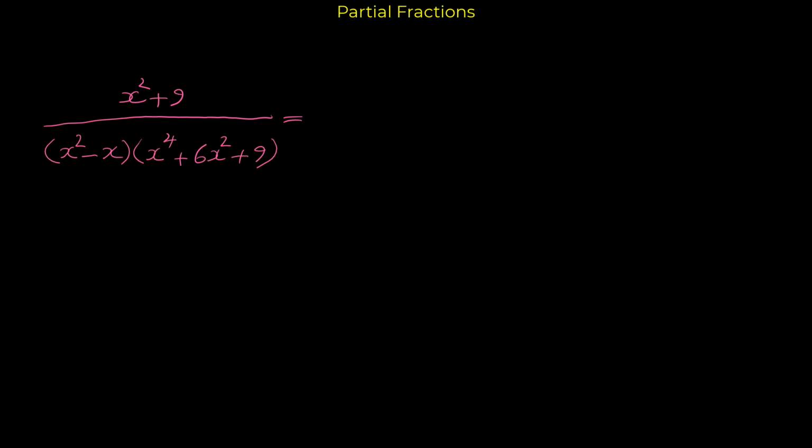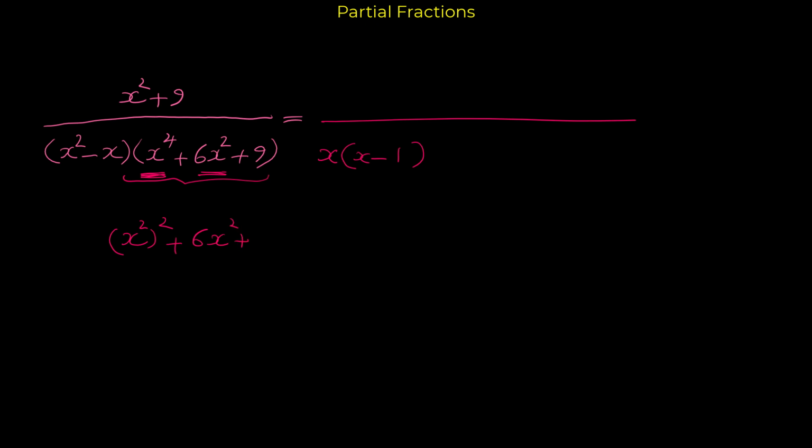Before we start, first we have to factor the denominator. x^2 minus x can be written as x times (x minus 1). What about this? If you pay attention, here we have just x^4 and x^2. So you can think of this as (x^2)^2 plus 6x^2 plus 9.